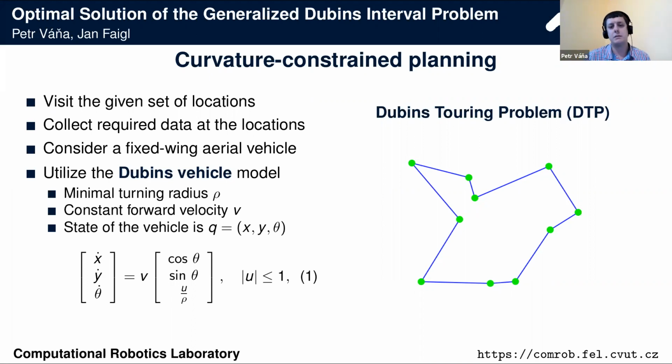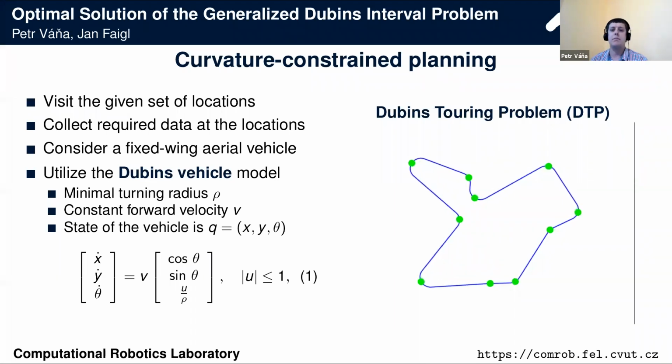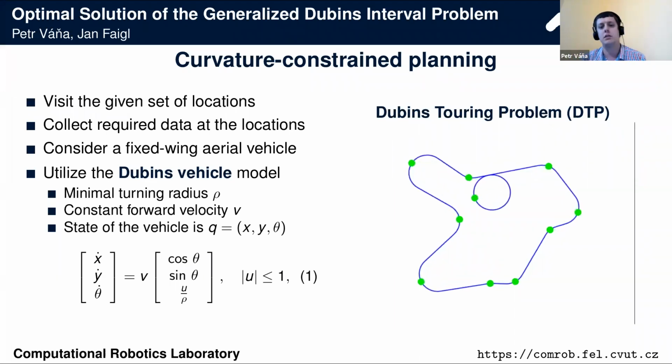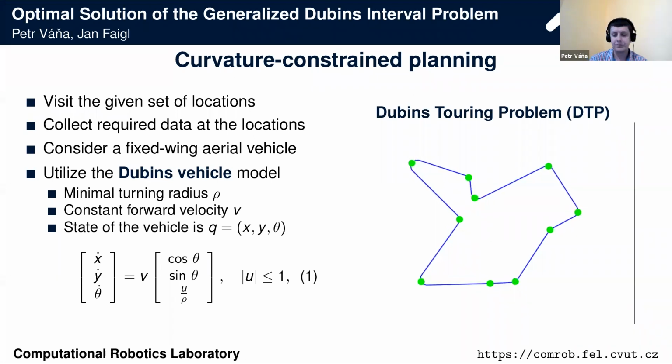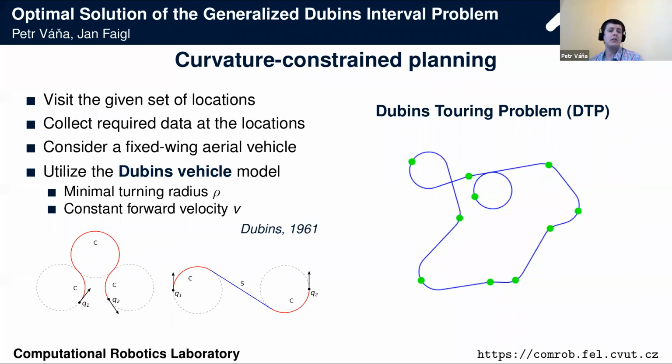So if we want to visit multiple points, as you can see on the animation, the path will change once the radius is increased. The Dubins model is very commonly used because it's also simple to compute the optimal path.